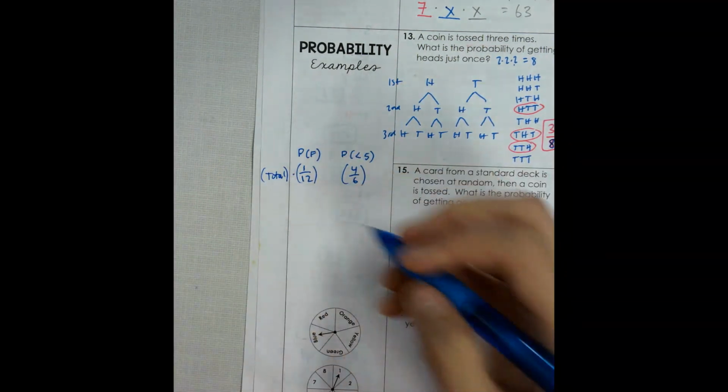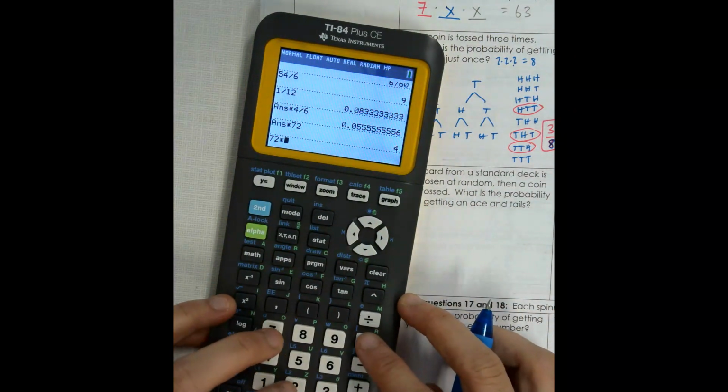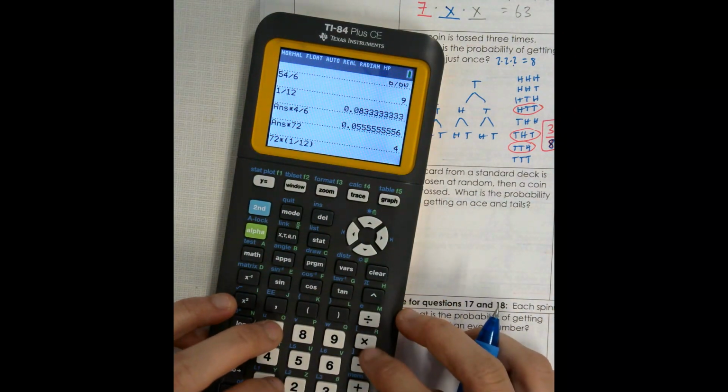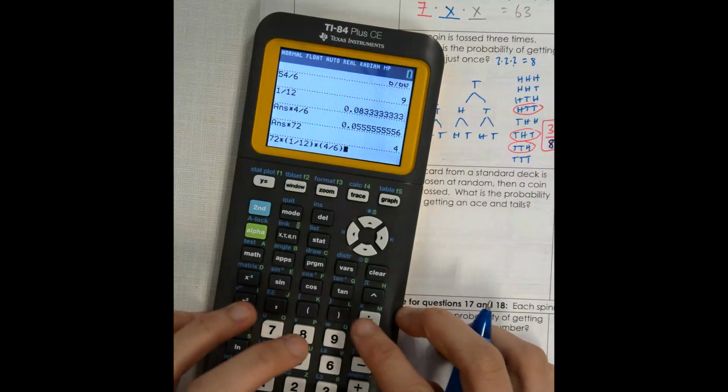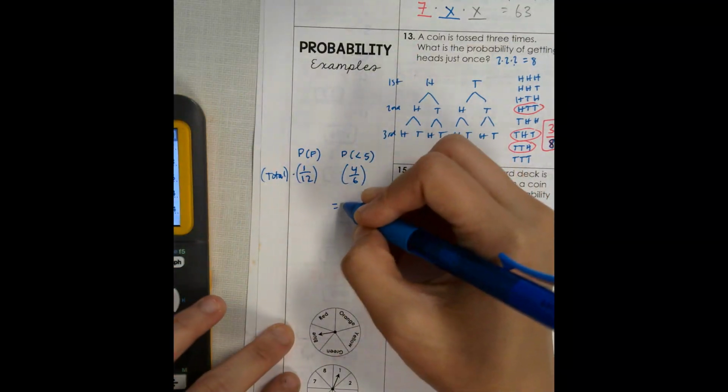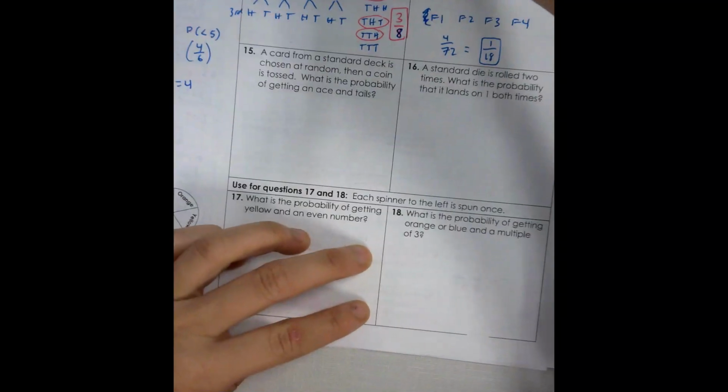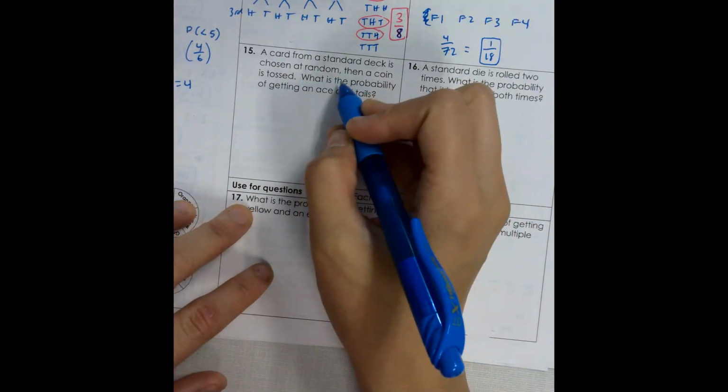So we have 72 times 1 divided by 12 times 4 divided by 6, and we get the 4 again. So that's another way of doing it. You just want to think of what you can do and what you need on top, and then your total options on the bottom.